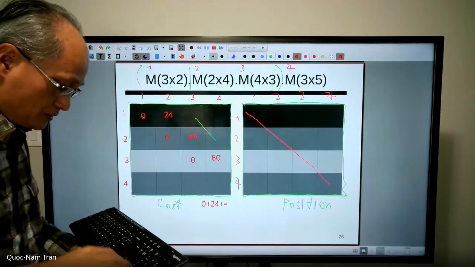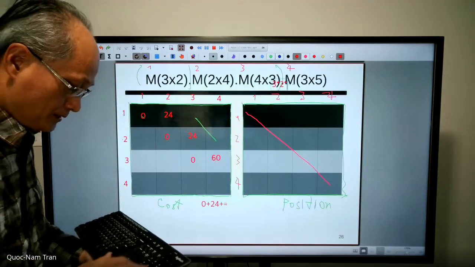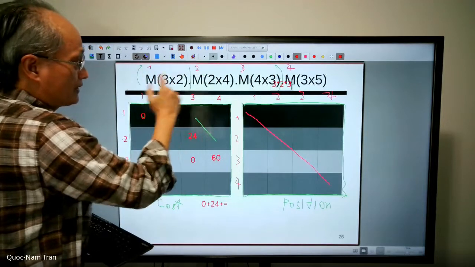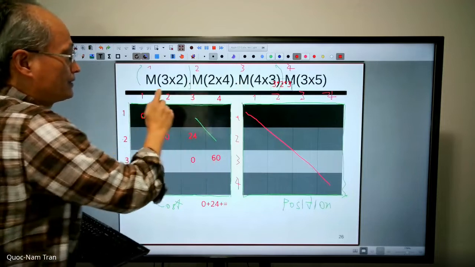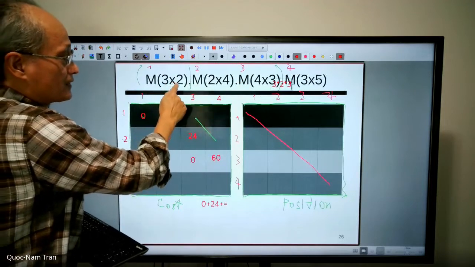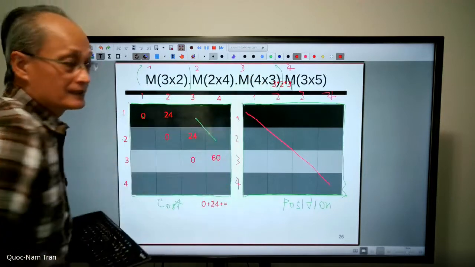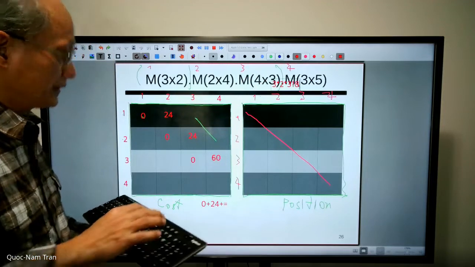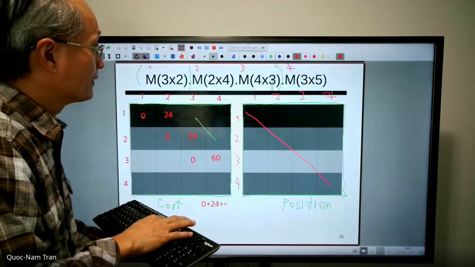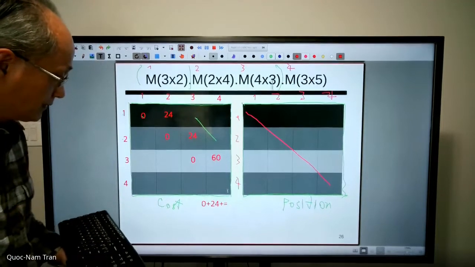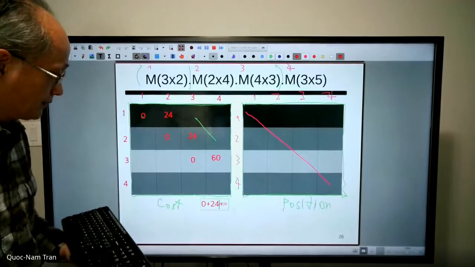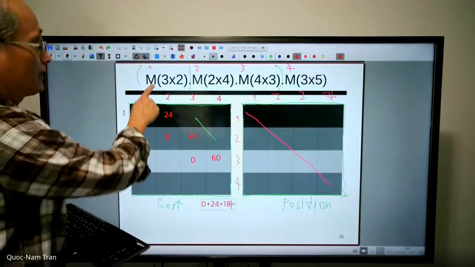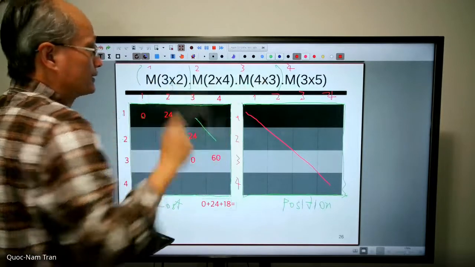So the cost for the left, the cost for the right, and then the cost for multiplying them. 3 by 2 is 6. 6 by 3 is 18, right?